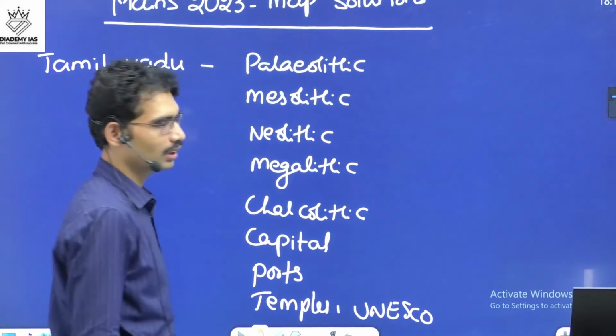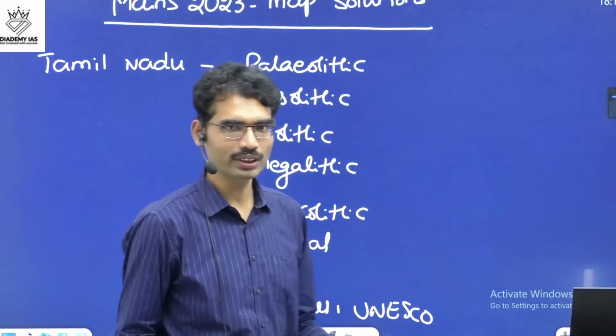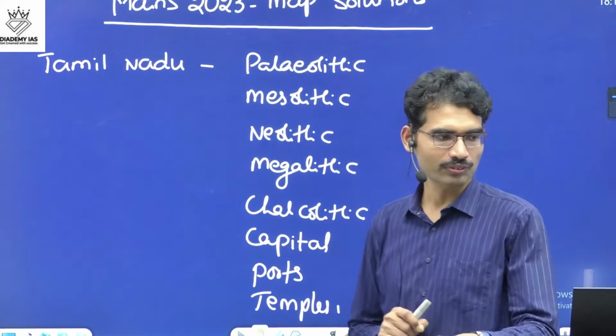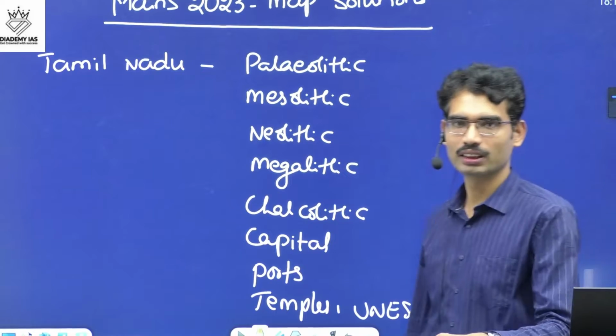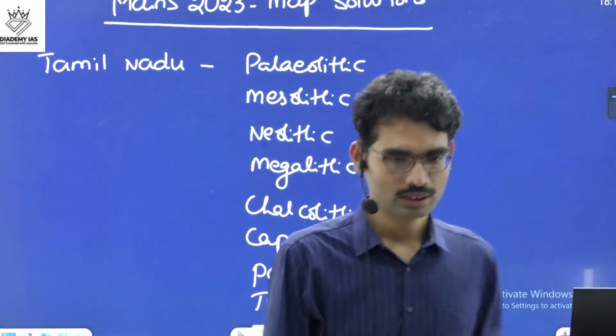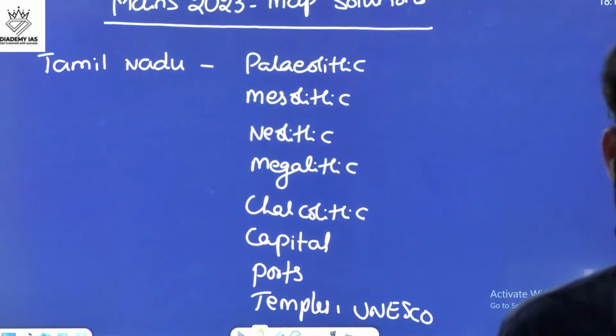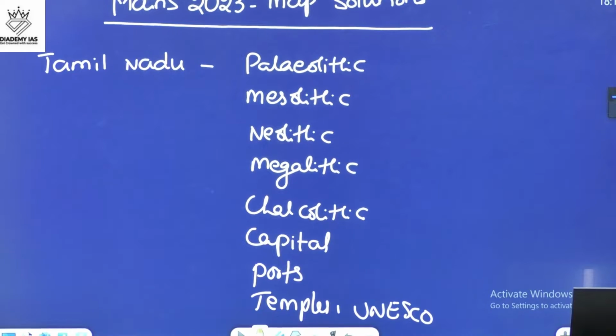These are various categories just within a state. Just from Tamil Nadu itself, you will have these many different categories of sites. If you prepare all of them, then automatically a few things will come.